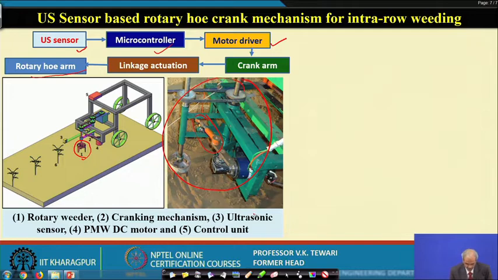Then third is the ultrasonic sensor, which is over here. In this case the sensor is going up ahead, and it will be checking. Then fourth is the PMDC motor, this is the motor over here. This motor will be in a position to operate this. And then the control unit, which you have at the top of this. So, you have these units. This is the system which is basically working in this particular device.